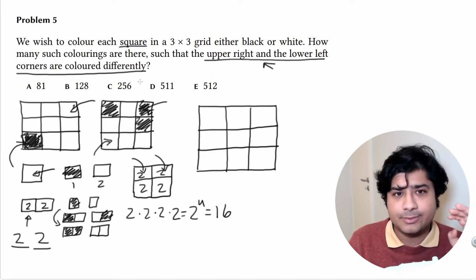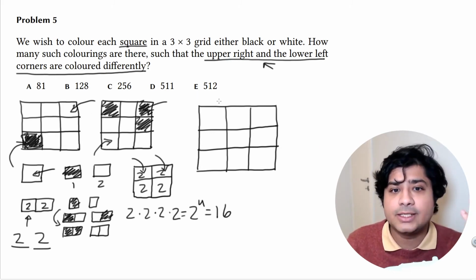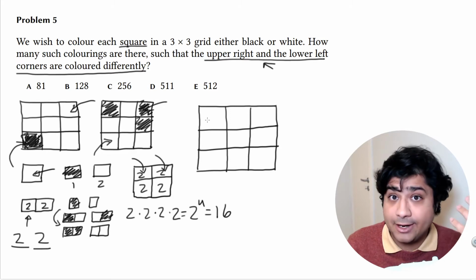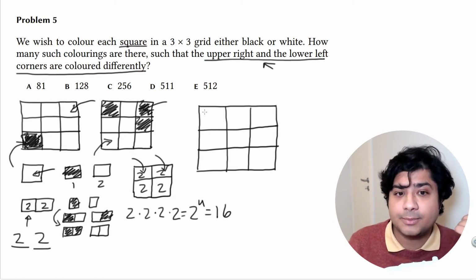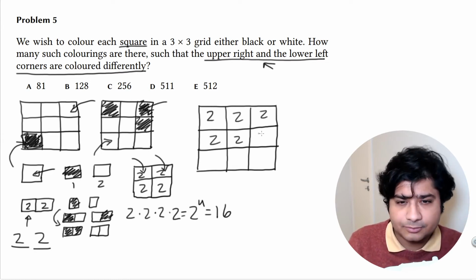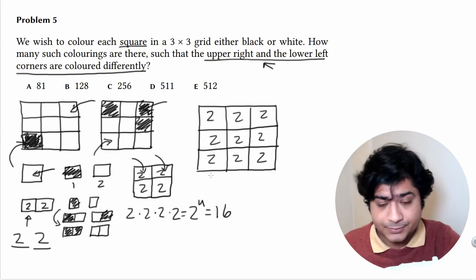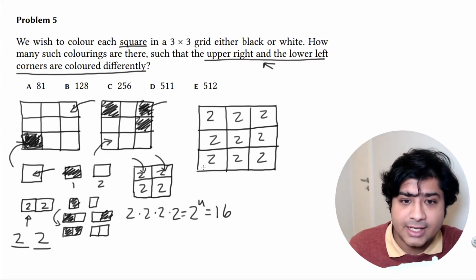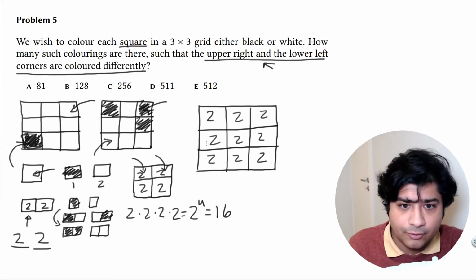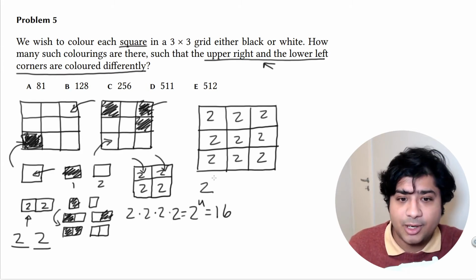Let's take that away for now and just assume that the problem is asking us, in a 3 times 3 grid, each square can be either black or white. And how many different options are there if that was the case? Well, again, same thing. It's 2 for each one. And if we're going one by one for each new square, you have to multiply each number to get all the possibilities. So for this one, it would be 1, 2, 3, 4, 5, 6, 7, 8, 9. 2 to the power of 9.